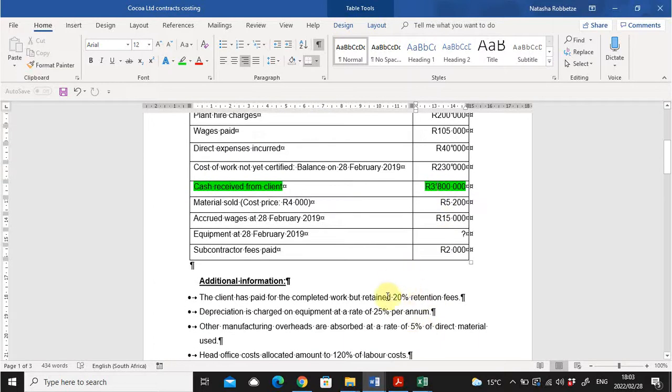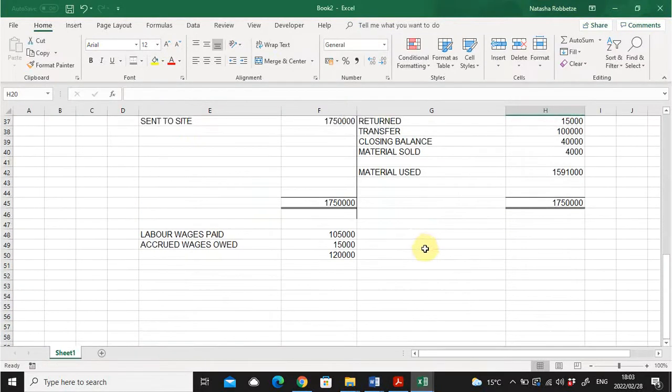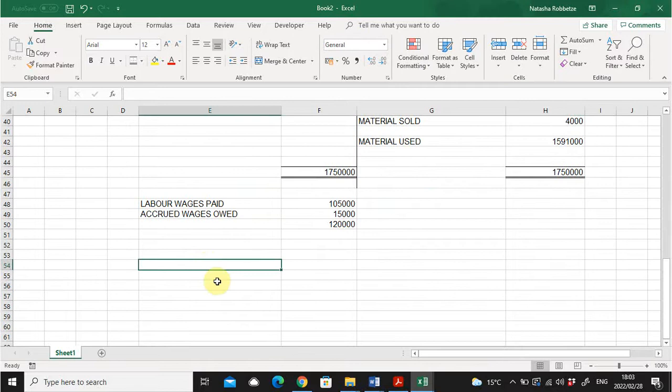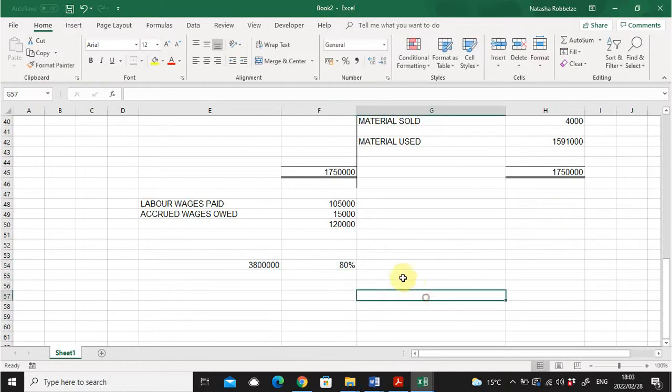However, they apply a retention rate of 20%. So if I look at the math there, I'm going to argue that the 3.8 million that was given as an amount paid by the client represents only 80% of the amount, because the retention rate is 20%.